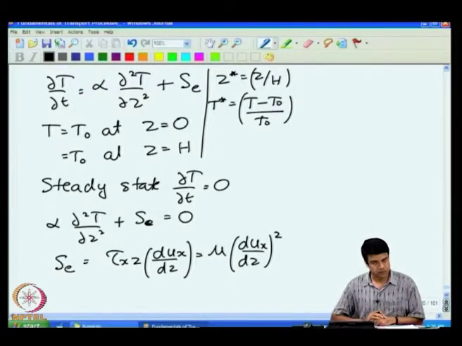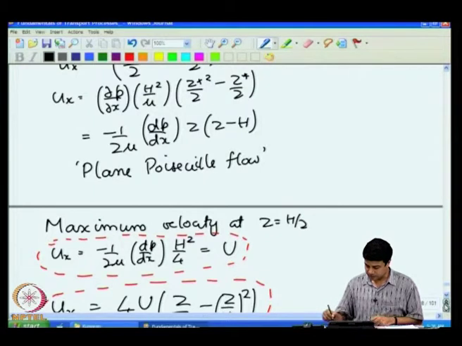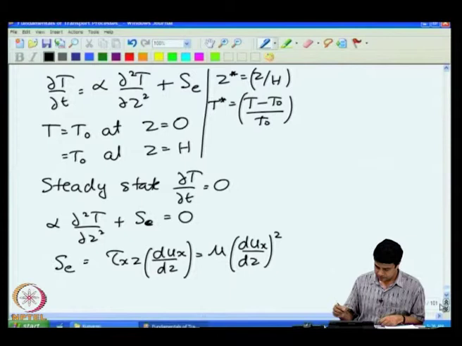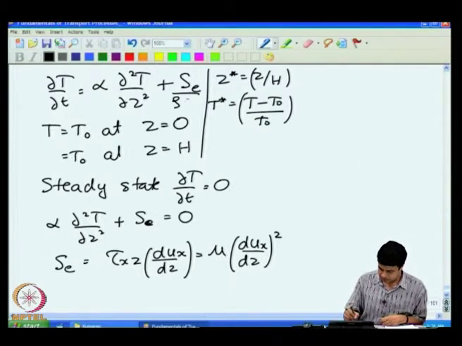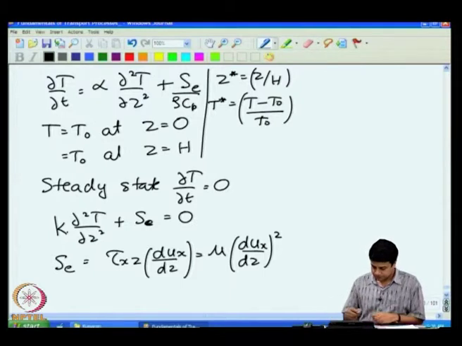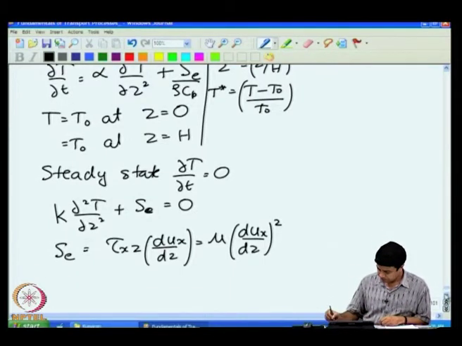Okay. So, that is my expression for the viscous heating per unit volume per unit time in the energy balance equation. And this becomes K, okay, the thermal conductivity. Okay.